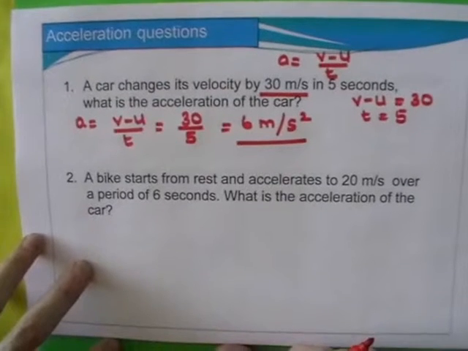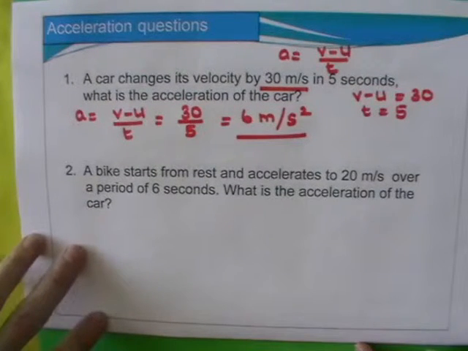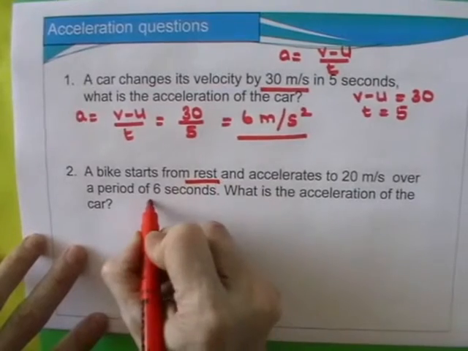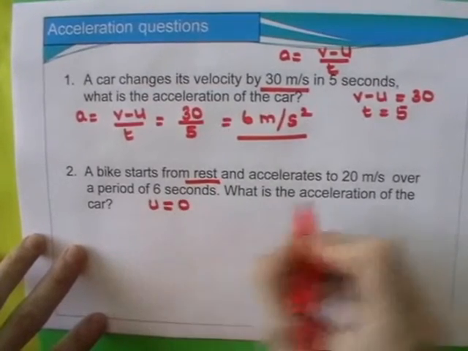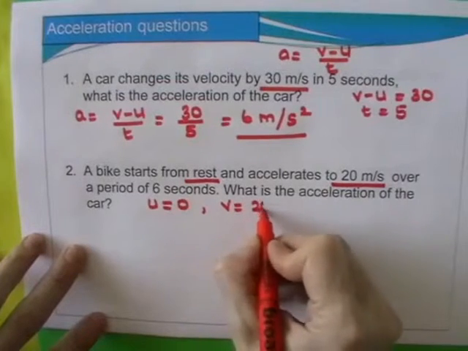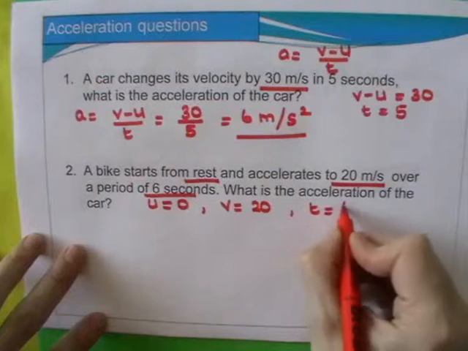A bike starts from rest and accelerates to 20 meters per second over a period of 6 seconds. What is its acceleration? So we're going to go and see what we need here. From rest, its initial velocity must be 0. Accelerates to 20. Its final velocity is 20. And the time taken is 6 seconds.